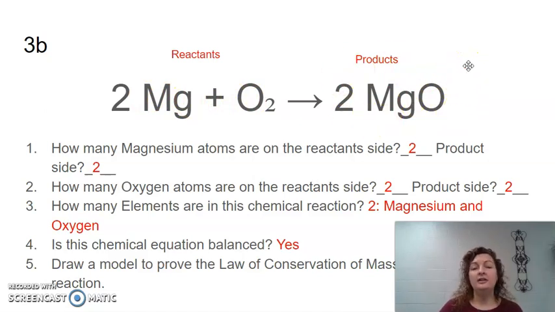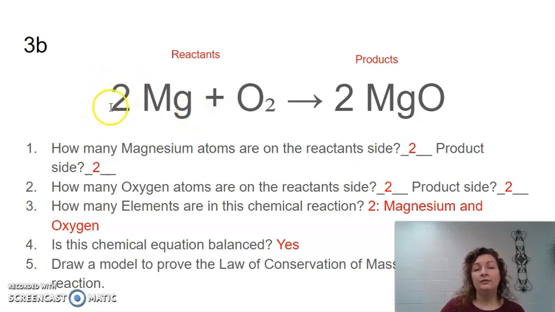So how many magnesium atoms are on the reactant side? Well, I'm looking at my yield sign to the left, so all of this is going to be my reactant side. Magnesium is right here, and I do have a subscript here. It's 1, okay? I don't have to write it because it's understood, just like in math, you don't have to write 1, but there is a 1 there.